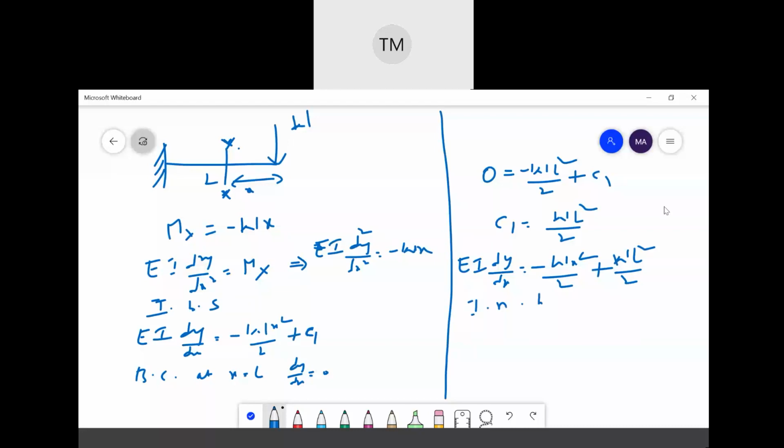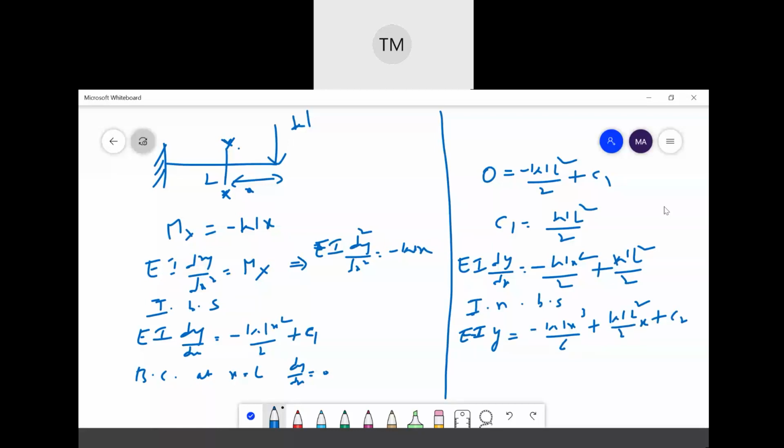EI y will be minus w into x cube by 6 plus wL square by 2 into x plus C2. Then I will apply the boundary conditions to calculate the value of C2.